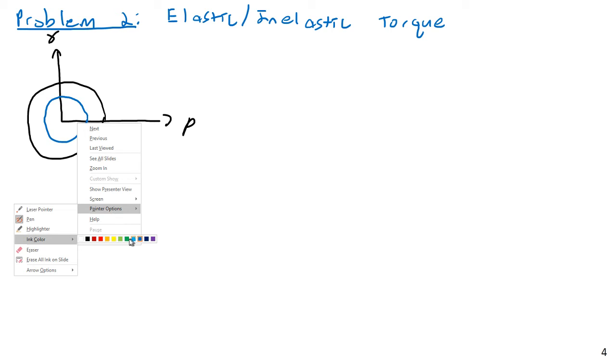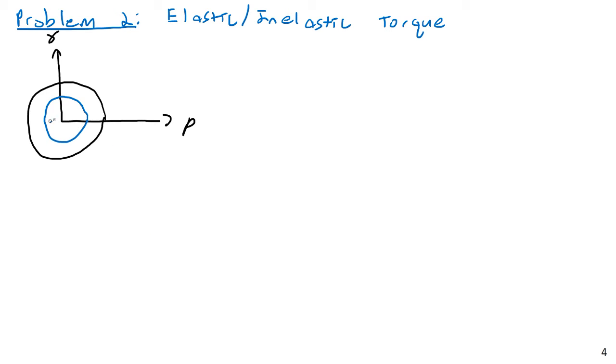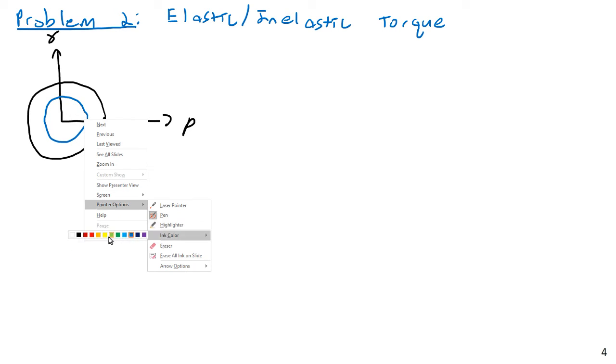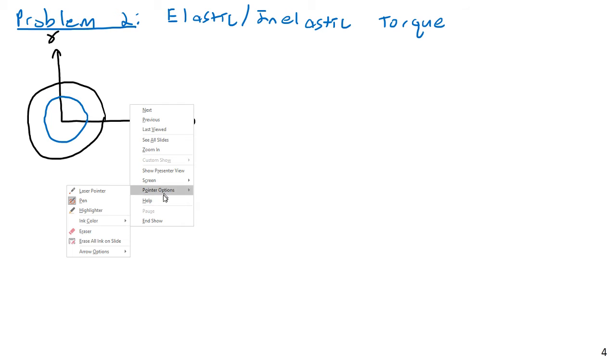So the black is our outer surface, the blue is our elastic core, and the green is going to be our hole in the middle of it, if we happen to have a hole.